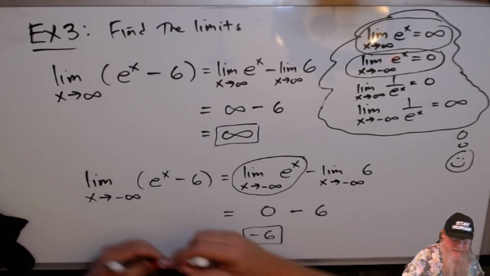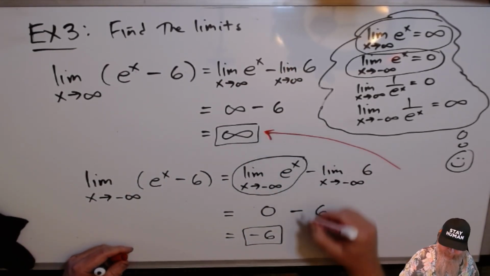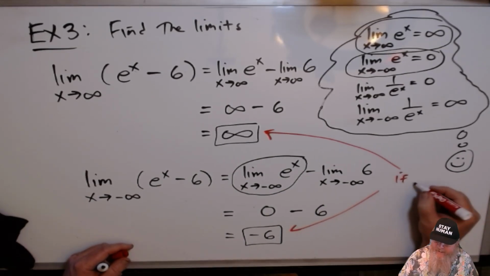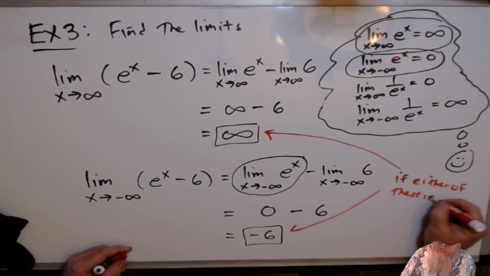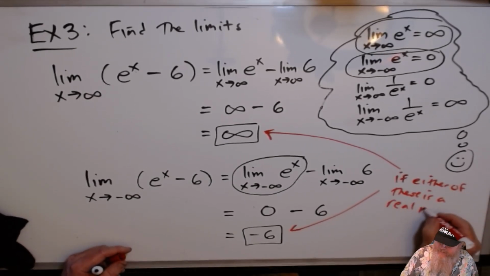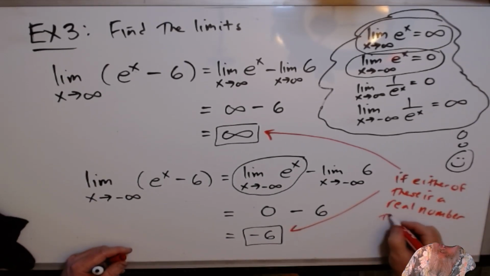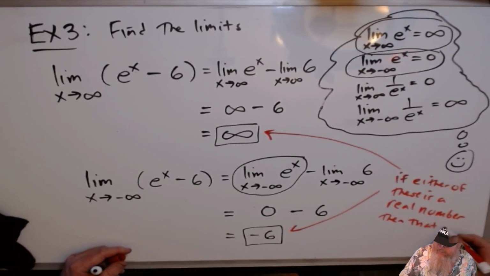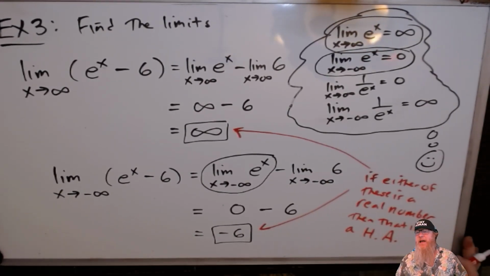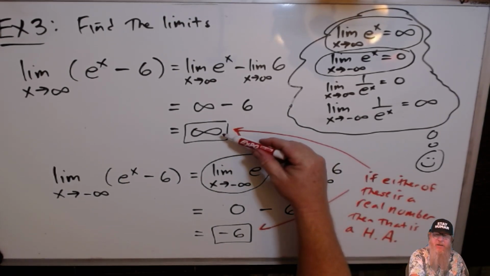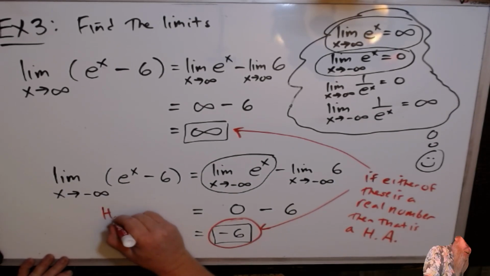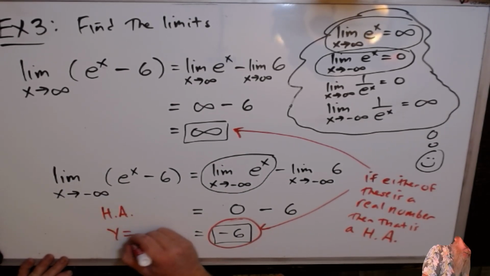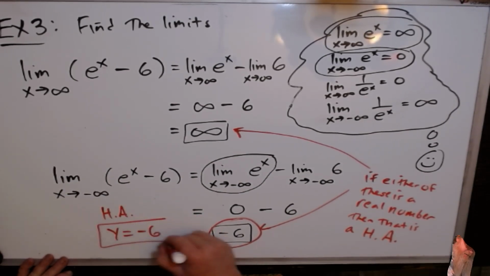And then keep in mind, if either one of these is a real number, then that is a HA, horizontal asymptote. So which one is the horizontal asymptote? It's the one that's a real number. So it's this one. So I'm just going to put a note, horizontal asymptote, y equals negative 6.